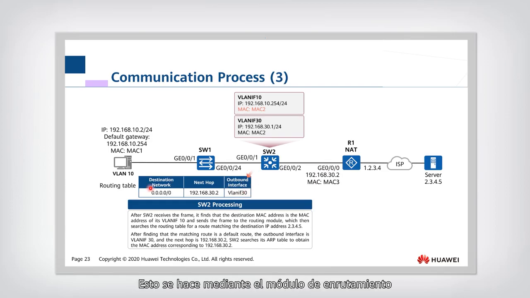That is done by the routing module in this layer 3 switch. And then when they go out through this VLAN interface 30, it will go to the VLAN interface 30's module in the switching module. And then this VLAN interface 30 will check whether the packet can be transmitted out.